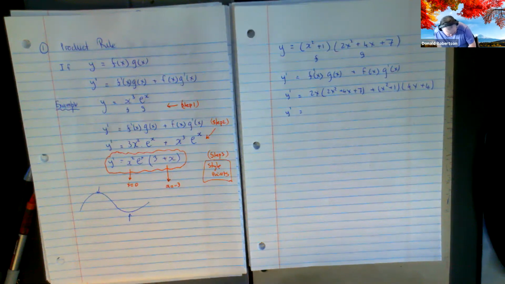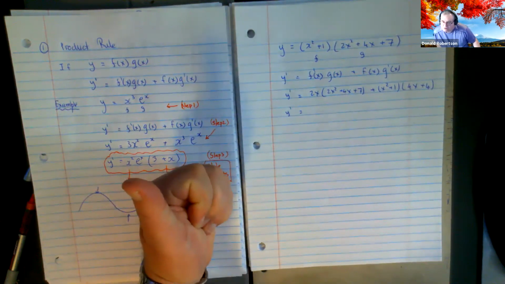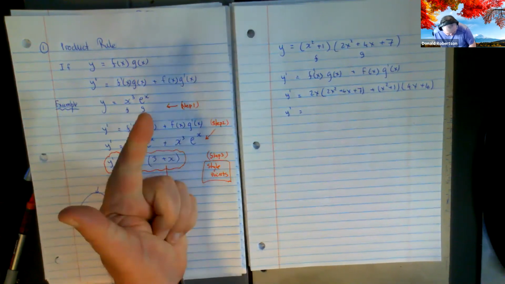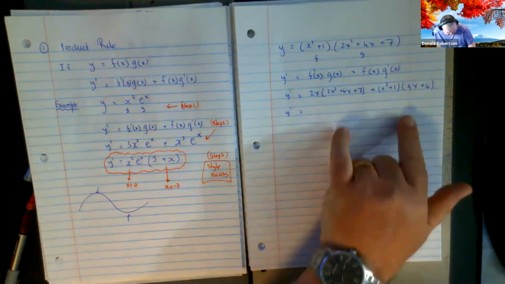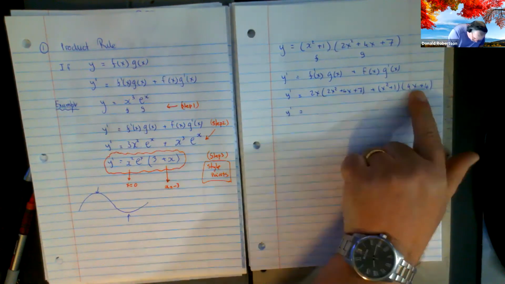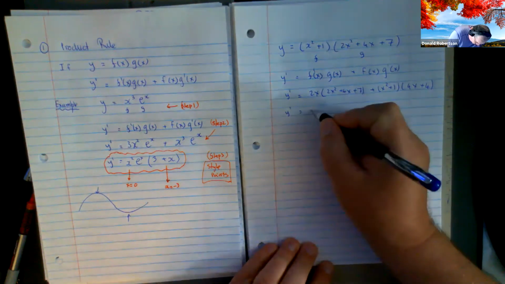Now, in this situation, the style points thing is going to be collect like terms, factor the heck out of it, and make it look like the original. Well, if I look at these terms, I'm not going to get any common factors. So what I'm going to have to do first is just multiply the whole thing out.